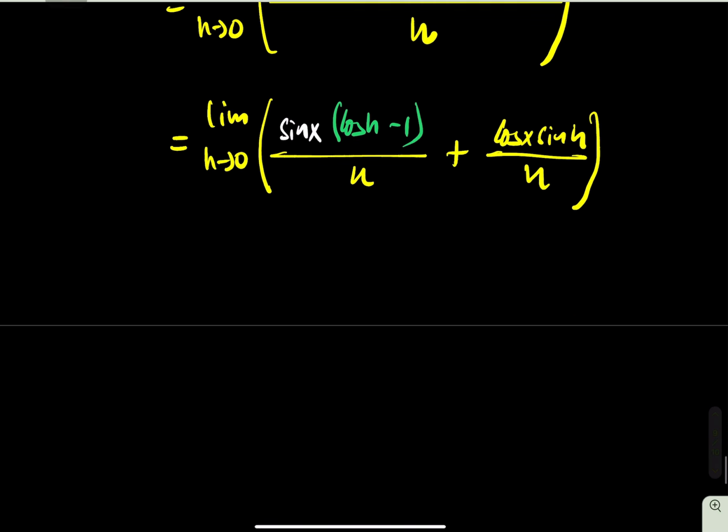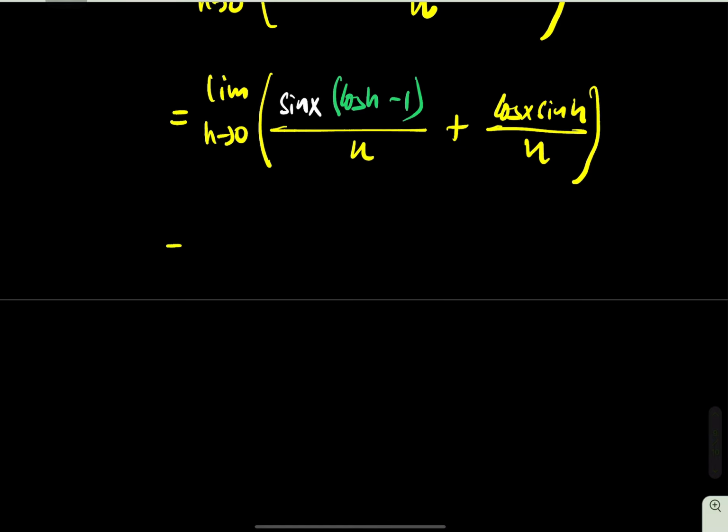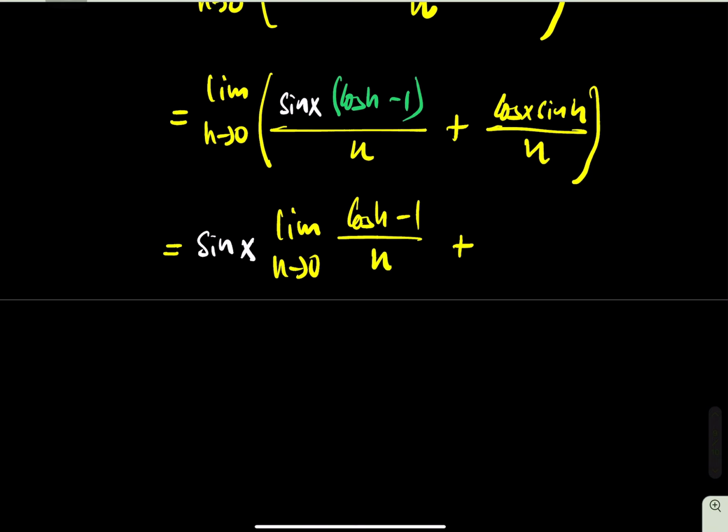It's the same thing. Now I'm going to take the limit of the sum. Already you can see that this is a constant, because you are approaching h. It's a function of h, so anything of x is going to be a constant. You're going to have sine x as a constant, and then the limit as h tends to 0 of cos h minus 1 over h, plus anything that has x, which becomes a constant and can be taken out as a constant.